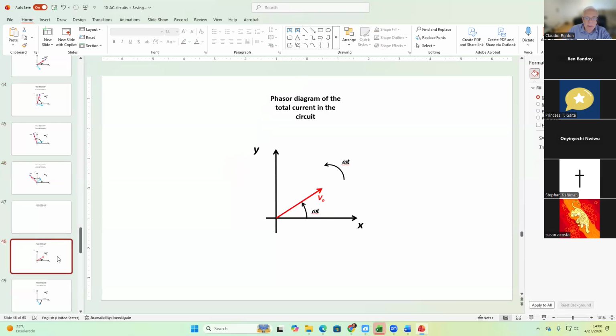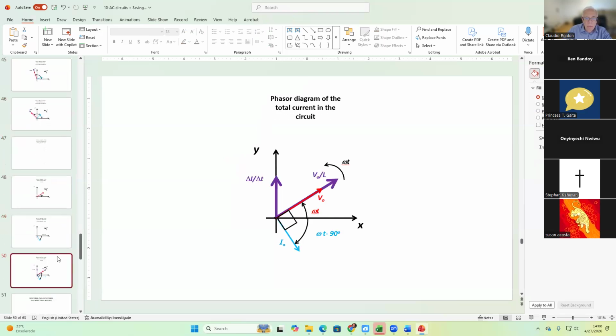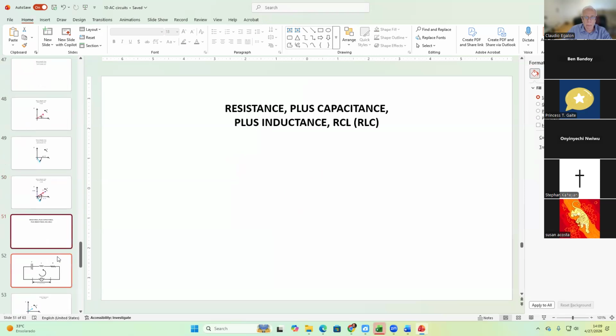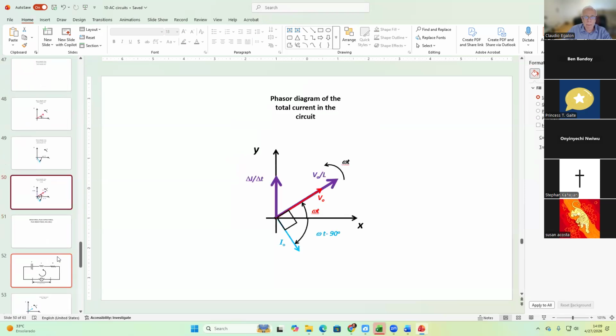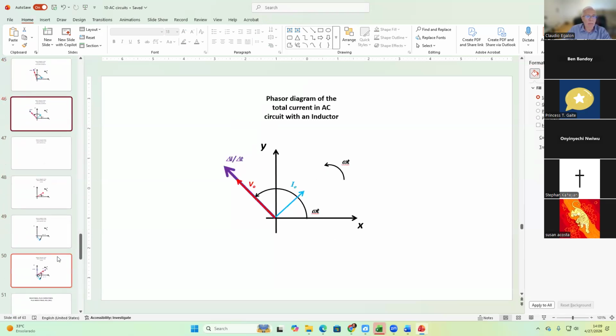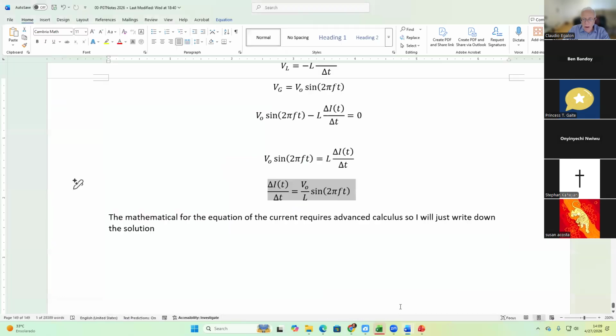Let's see what's coming next here. Okay, so stop it here, right? And let me write down, did I write down the equation for the current already?